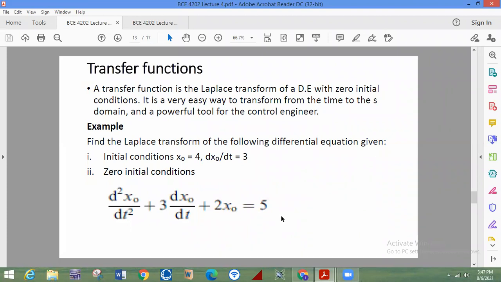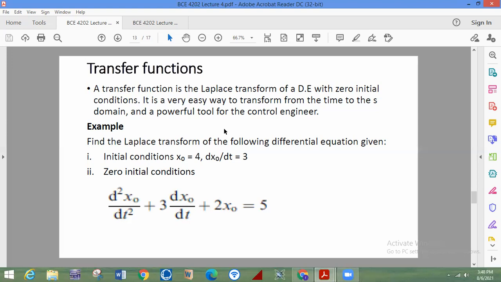It can be defined as the Laplace transform of a differential equation with zero initial conditions. It is a very easy way to transform from the time to the S domain, and a powerful tool for the control engineer.